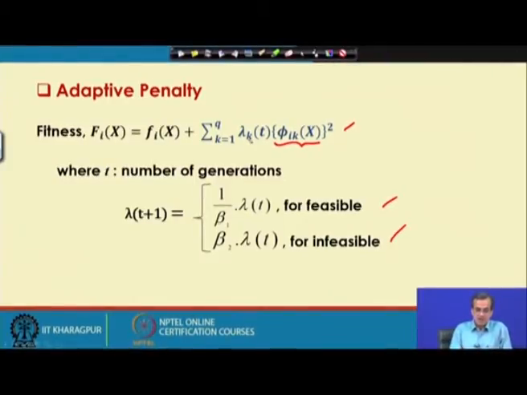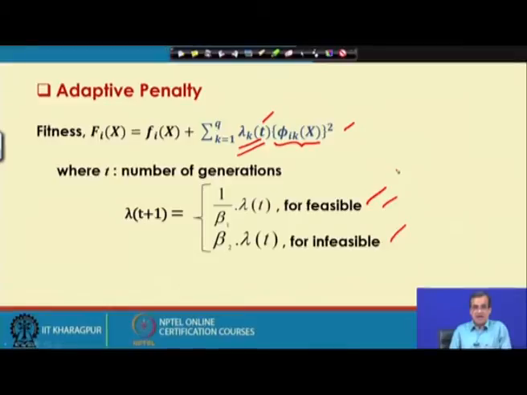Now, let us see how to define this particular lambda k t. Here t is the number of iterations. So, lambda t plus 1, that means the value of lambda in the next iteration, is 1 divided by beta 1 multiplied by lambda t for a feasible solution. That means if there is no violation of the functional constraint, this is the expression I will have to use.